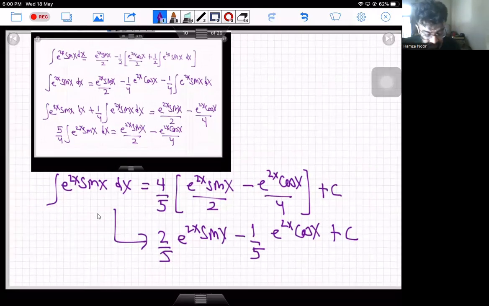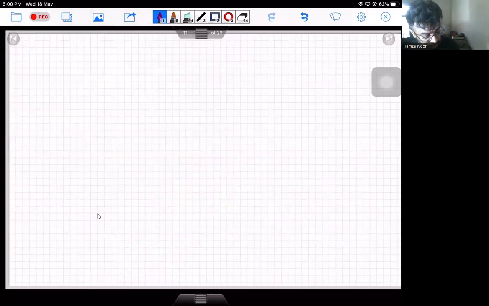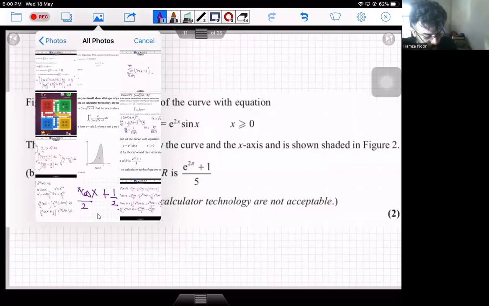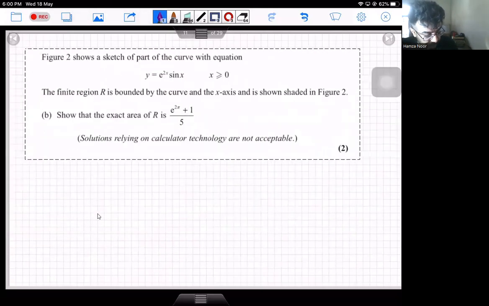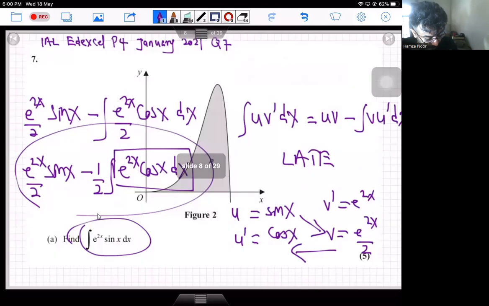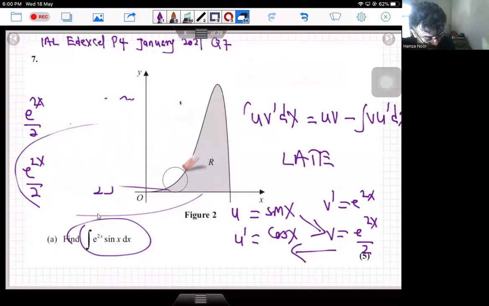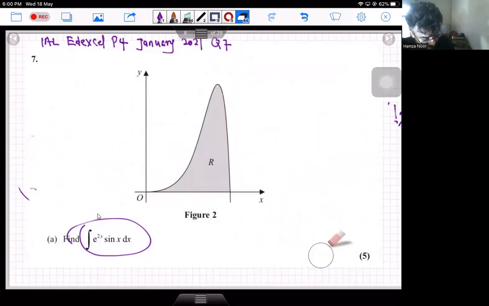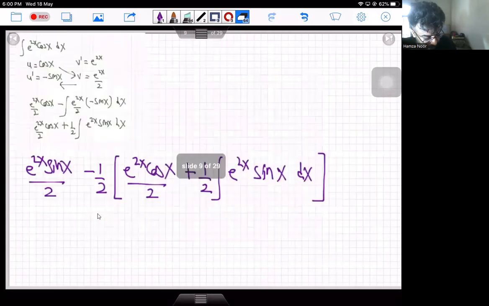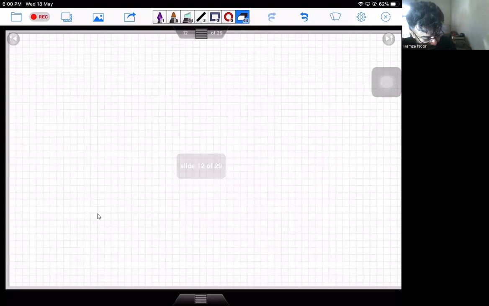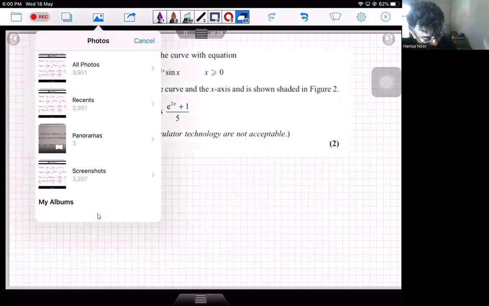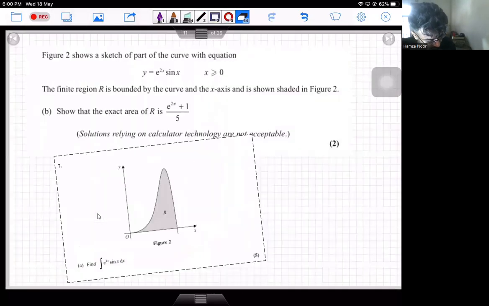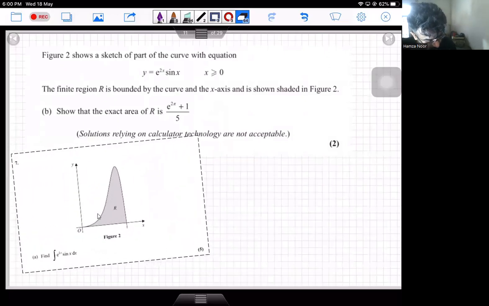As simple as that. Then we have part B, which says to use the result of the earlier part. So this is figure 2, which is given to us in the question originally. Let me bring it on the next page as well. Here you go.